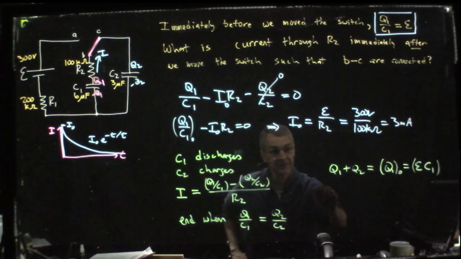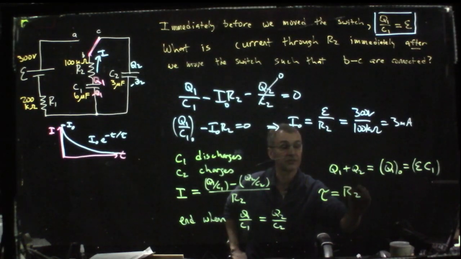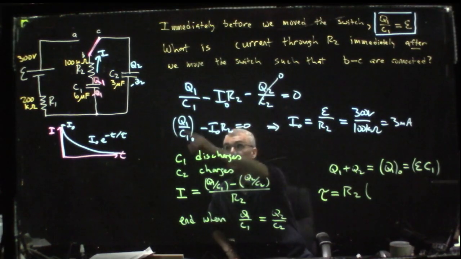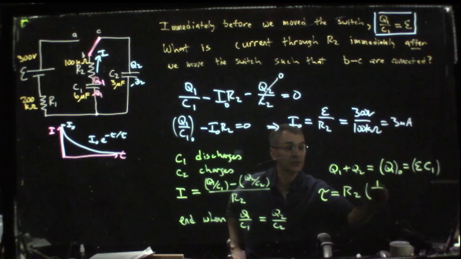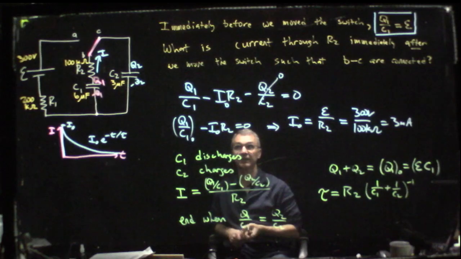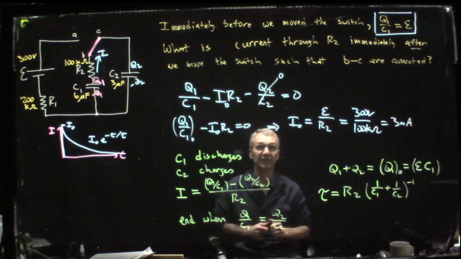But I think the time constant here is going to be this resistance times the series combination of these two capacitors. So that means the reciprocal of 1 over C1 plus 1 over C2. And I didn't prove it here, but I proved it, I think, in the addendum at the end of 2 videos ago.